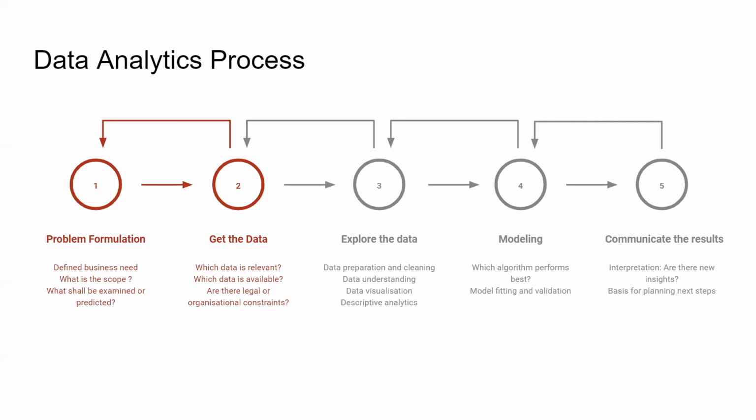And then after we know what they want, we will look for the data. The data can be an internal data source, or it can be external. If it's internal, I think it's quite easy because you can ask the data owner for the data set, and you can start exploring.